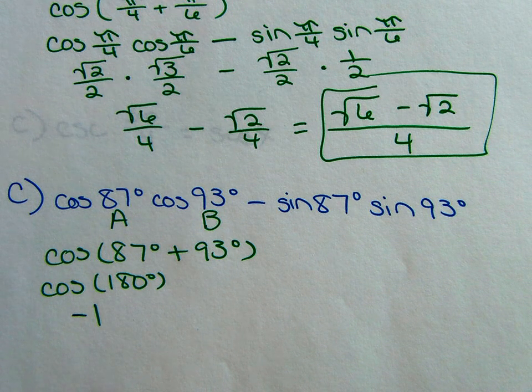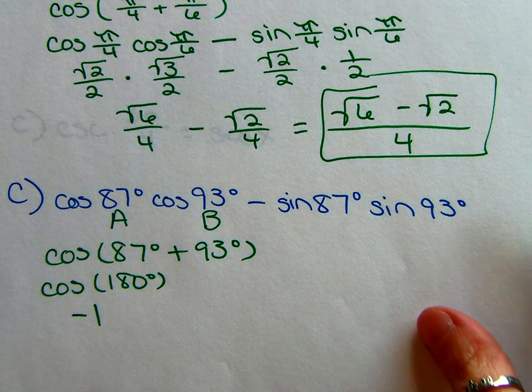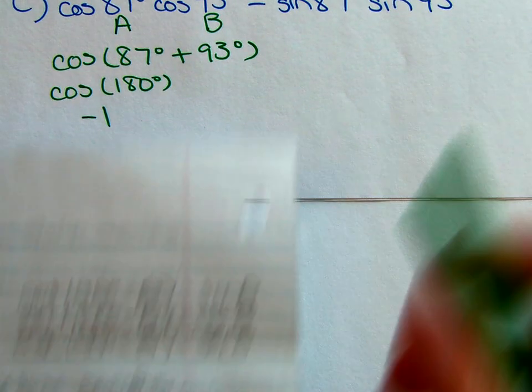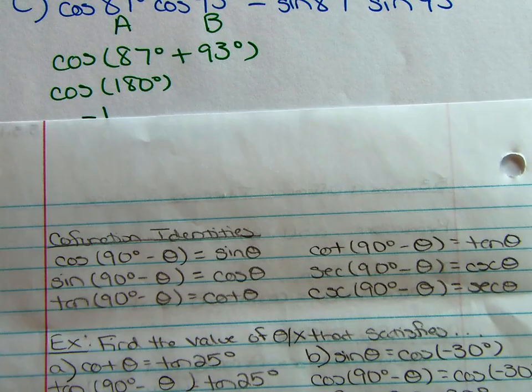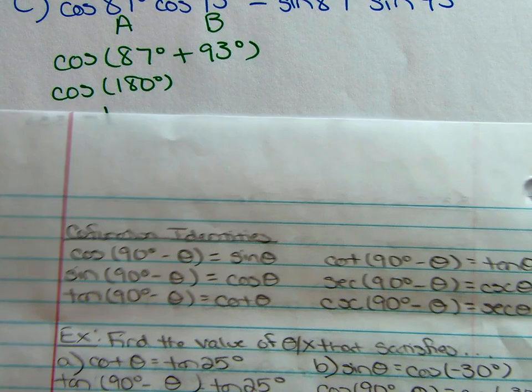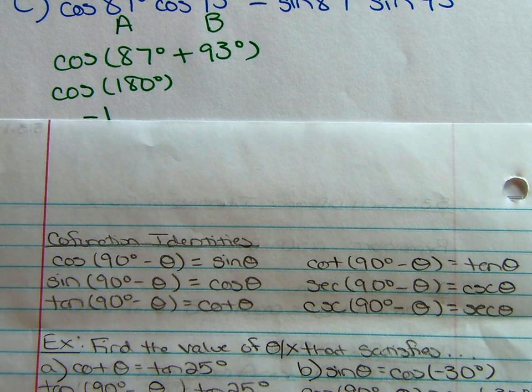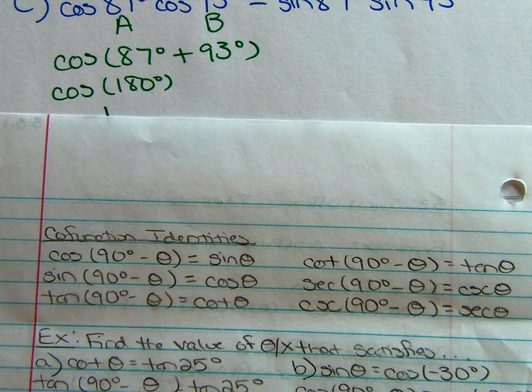So let's learn, because I mean you don't have enough identities, let's learn some more. I'll slide that up. I can leave that up there a little bit. Well, this one's co-function identities. It's another form of identities that you're going to use. Co-function identities say that 90 degrees minus whatever your theta is equals its co-function.